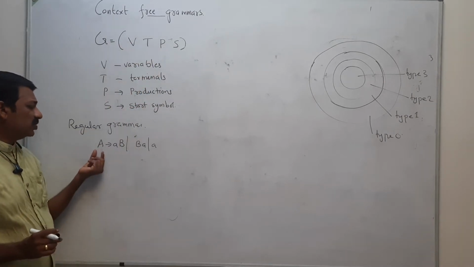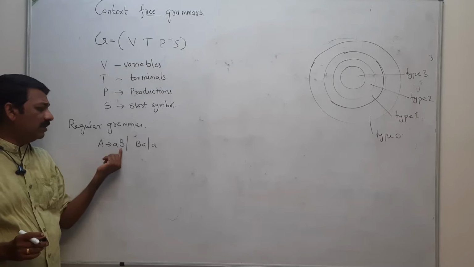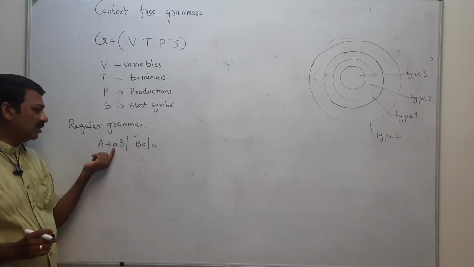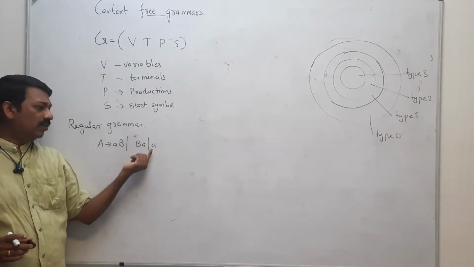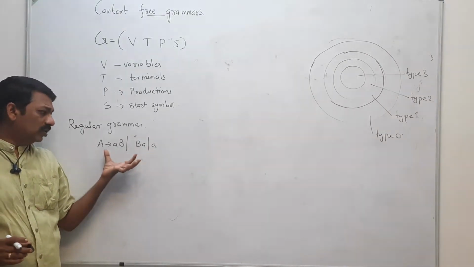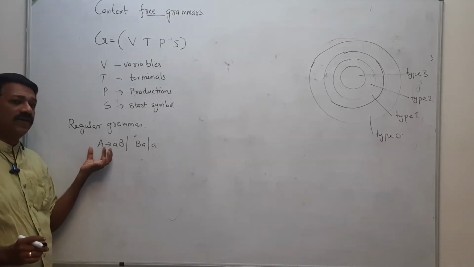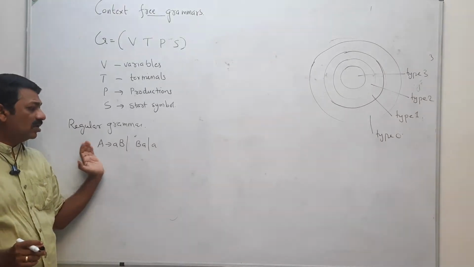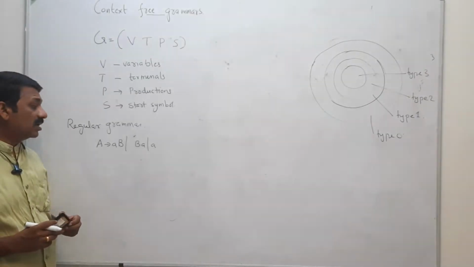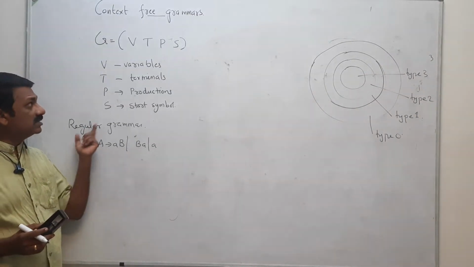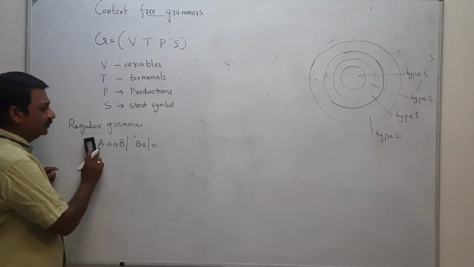If every production is of the form A derives aB, Ba or a, that means a terminal followed by a non-terminal, a non-terminal followed by a terminal, or a single terminal on the right hand side, and on the left hand side a single non-terminal, then all these productions are regular. That means this is said to be a regular grammar.